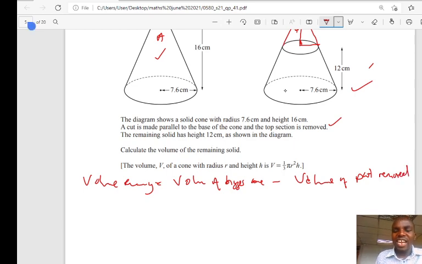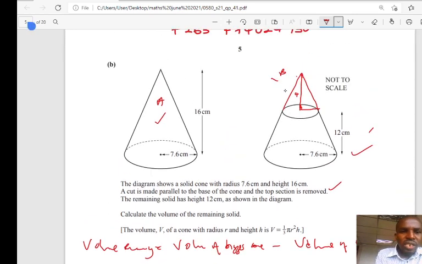So in this case we can get our volume. So volume is 1/3 pi r squared h. R squared, the radius of the bigger cone, 7.6 squared. Then height of the bigger cone is 16 here.